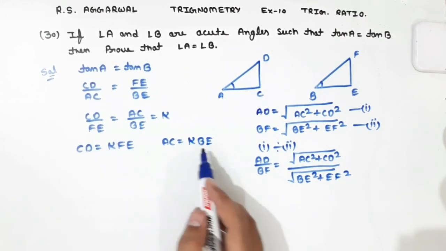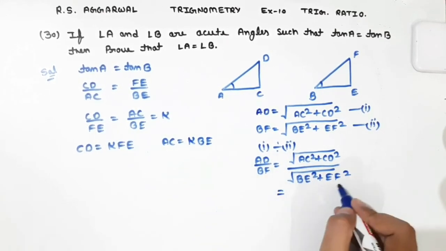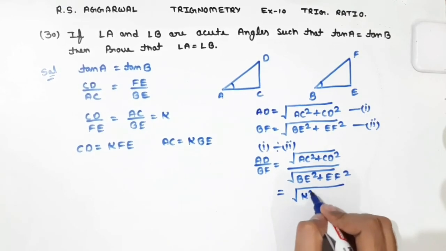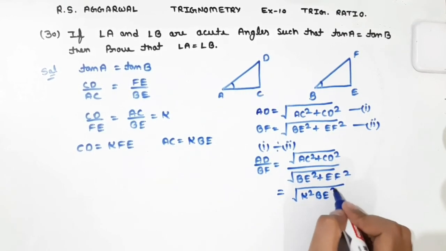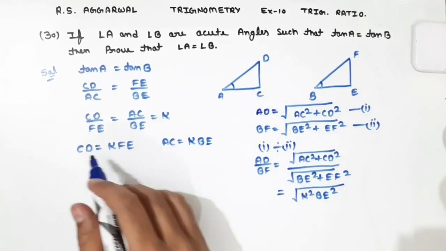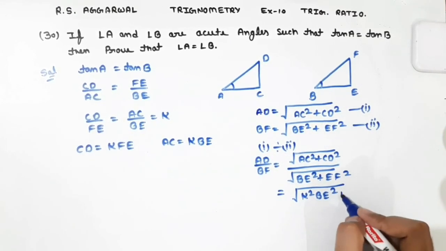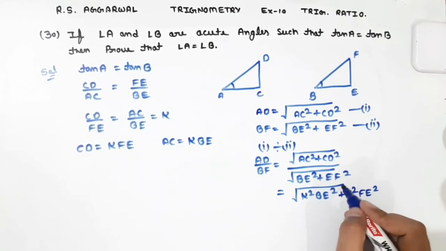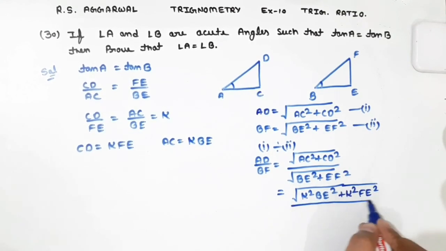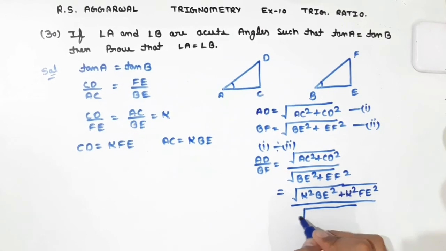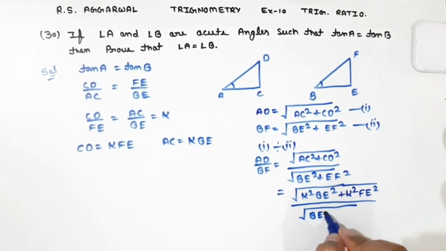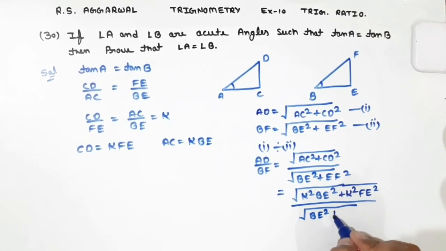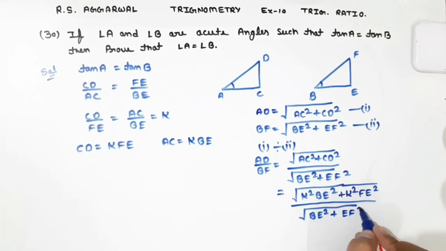AC is K BE, so AC square will be K square BE square, and CD is K FE, so CD square will be K square FE square, upon under root BE square plus EF square.